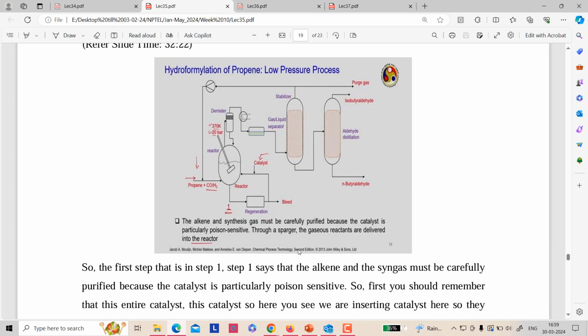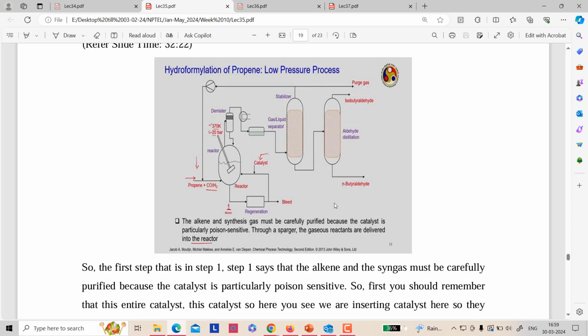Next, the alkene and synthesis gas, the propene and syngas, that is CO and H2, is purified, and the catalyst is particularly poison sensitive. Through a sparger, the gaseous reactants are delivered into the reactor.